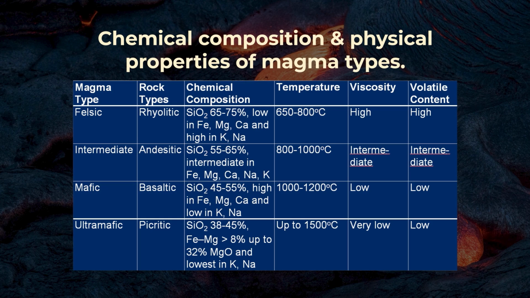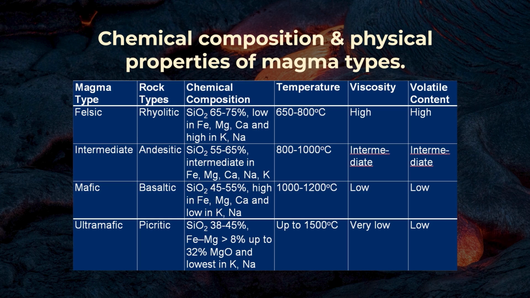Viscosity and volatile content are intermediate. Mafic, it is basaltic. Silica ranges between 45 to 55%. It has high iron, magnesium, and calcium, and low potassium and sodium, and temperature ranges between 1000 to 1200 degrees centigrade. It has low viscosity and low volatile content.